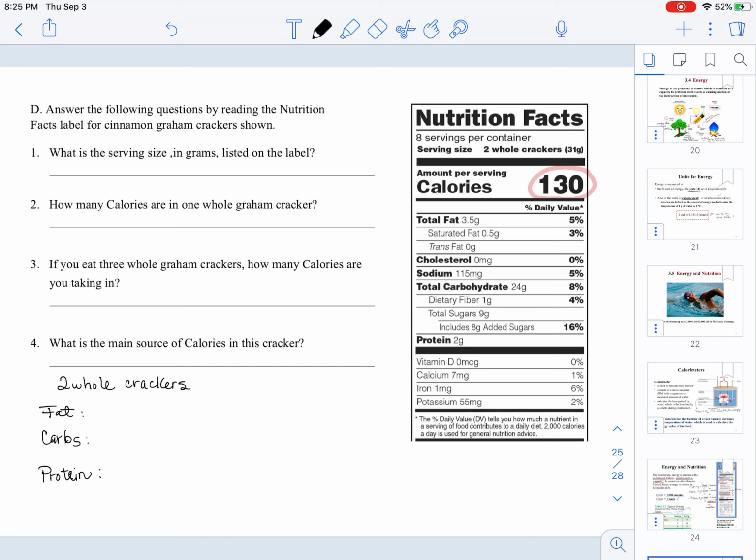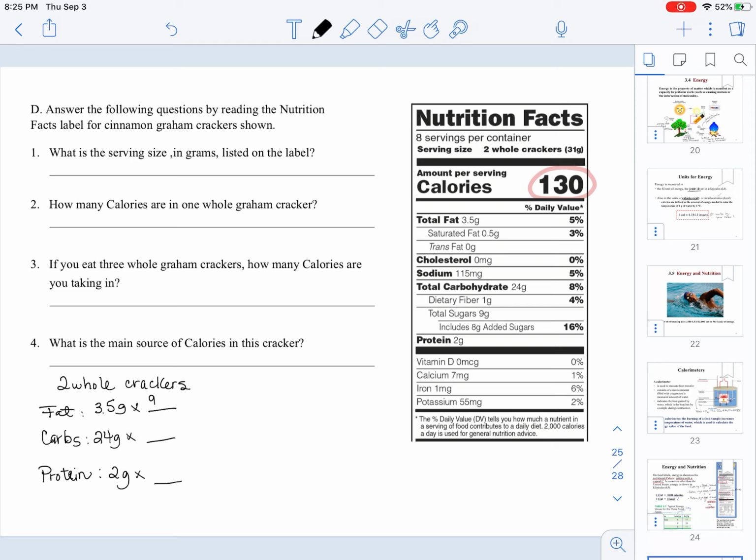In this food product, we have 3.5 grams of fat, 24 grams of carbohydrate, and 2 grams of protein.